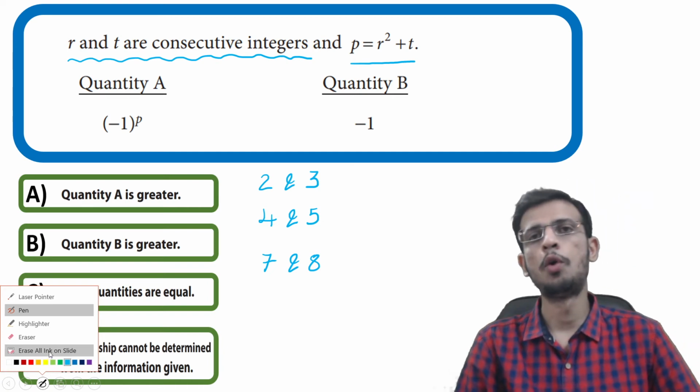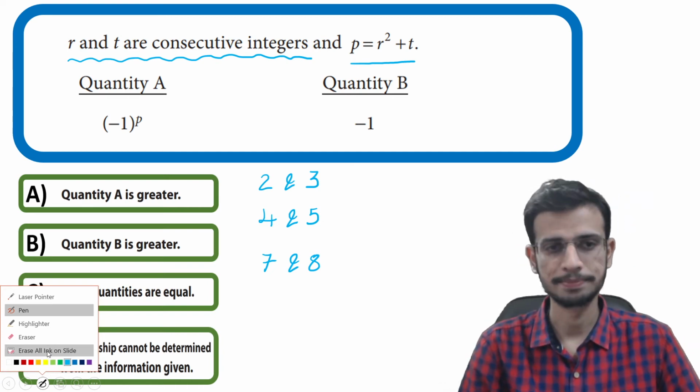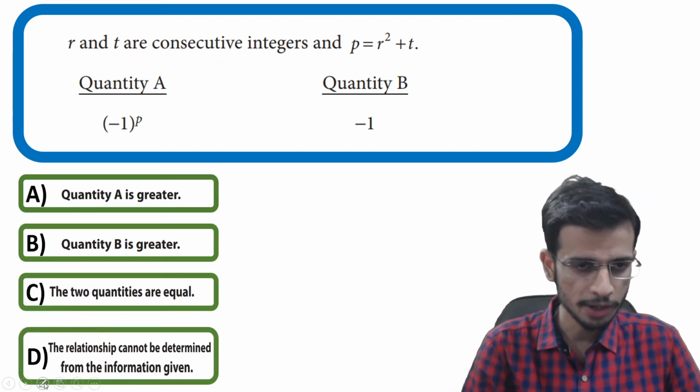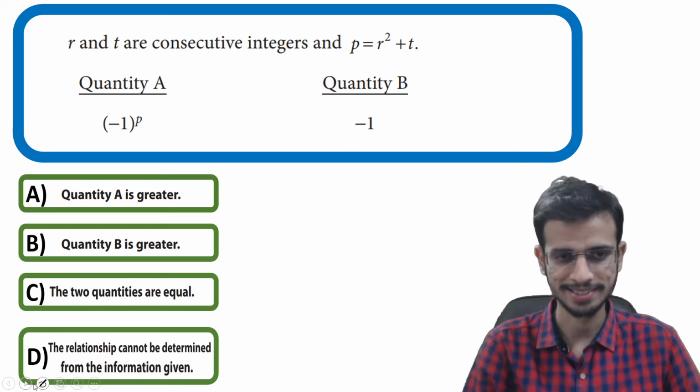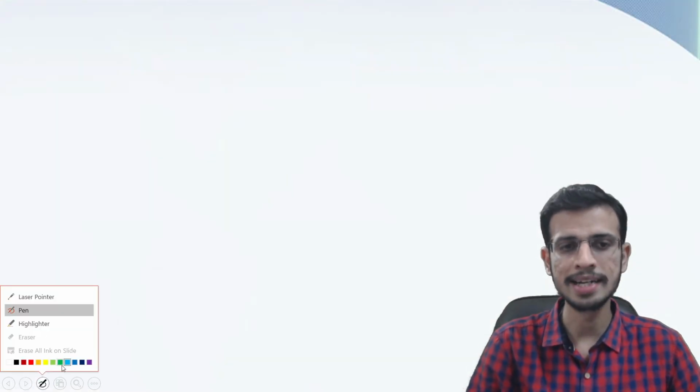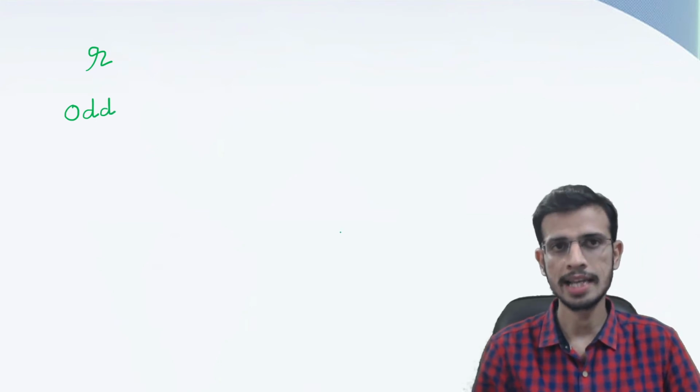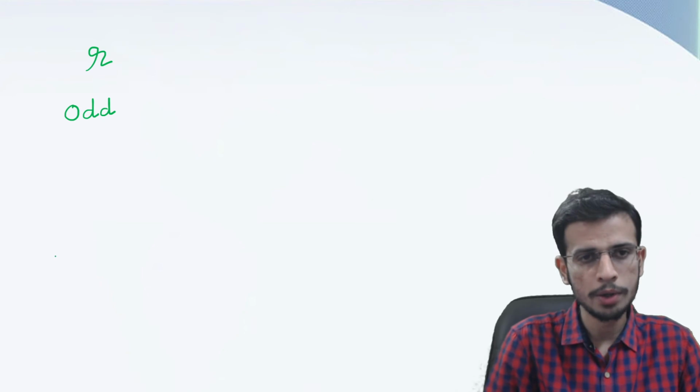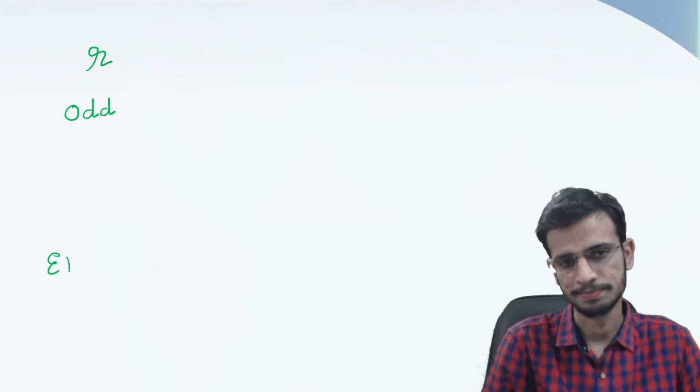I can say 4 possible cases. If R and T are two consecutive integers, then there are only 2 possibilities. Either R will be odd or R will be even.